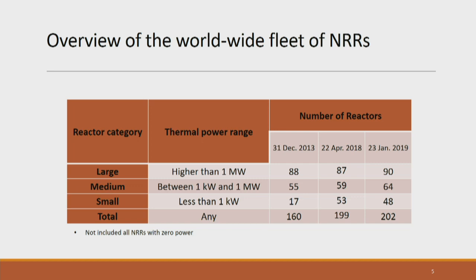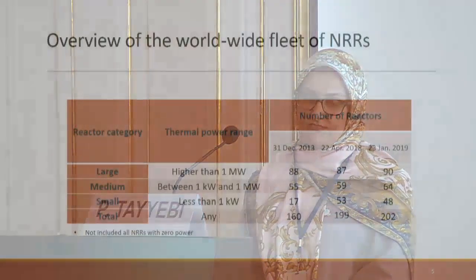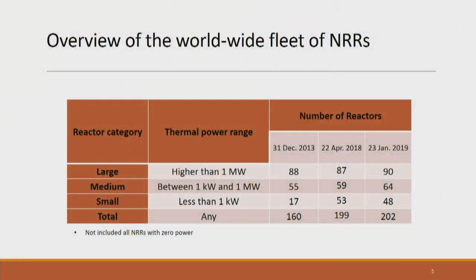This can be demonstrated by different thermal power from the smallest to the largest one. In this table, you can see the different categories of nuclear research reactors according to their thermal power that worked at different times.